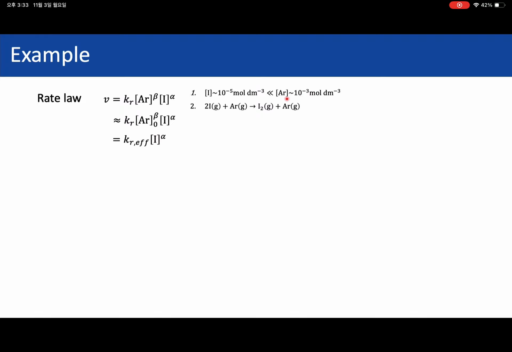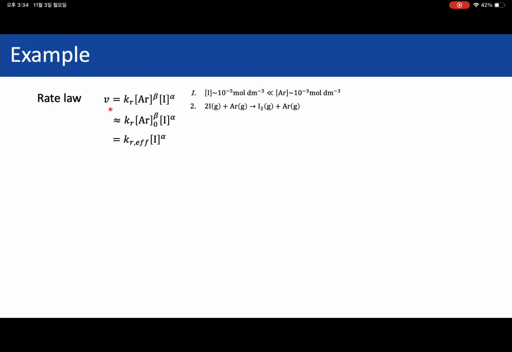So we can see that the concentration of argon is at least 100 times greater than the iodine concentration. And if you recall the overall reaction, which is this part, you can see that the argon is not participating in the overall reaction. So the concentration of argon before and after the reaction doesn't change.